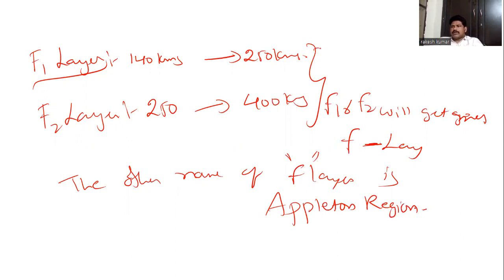This is a very highly dense region. The F2 layer is a heavily dense region. So these are the brief introduction and structure of the ionosphere. Totally we have 4 layers in the ionosphere or space propagation: D layer, E layer, F1 layer, F2 layer.